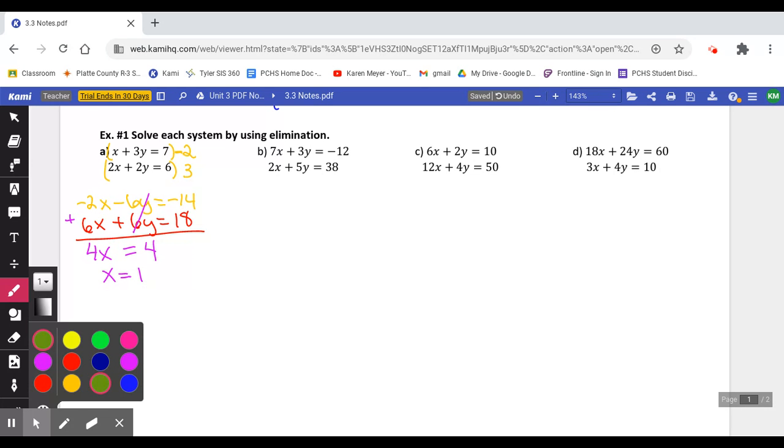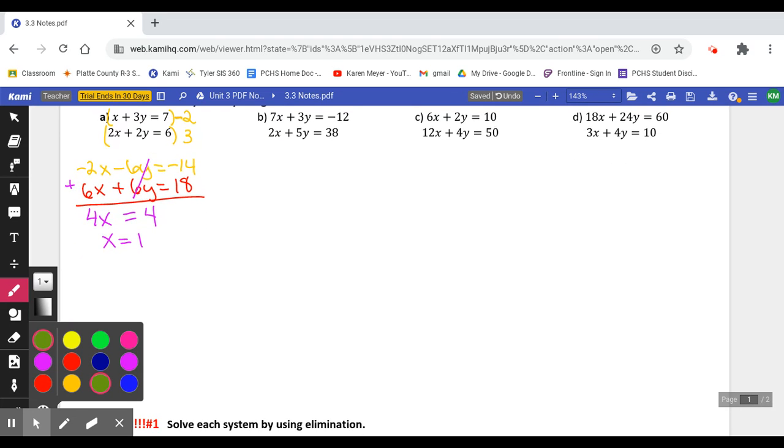Now, once you have your first answer, this becomes the same as what it did for substitution. Pick one of the two original equations and plug in your answer. So I'm going to choose the top one. So here's the top one: x plus 3y equals 7. Now plug our answer for x in. So 1 plus 3y equals 7.